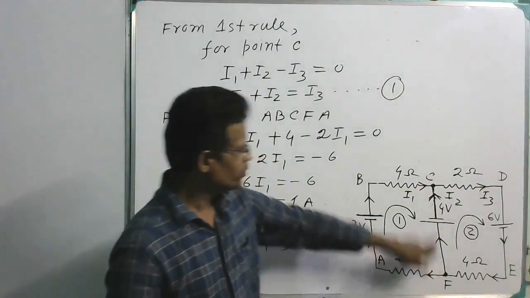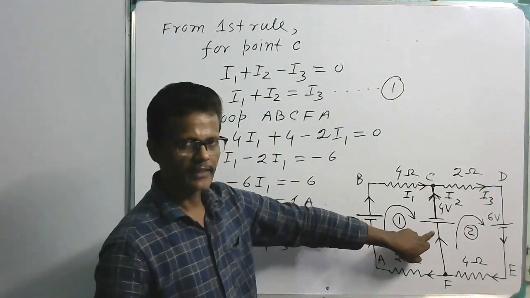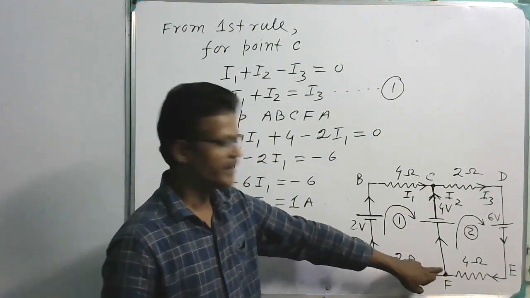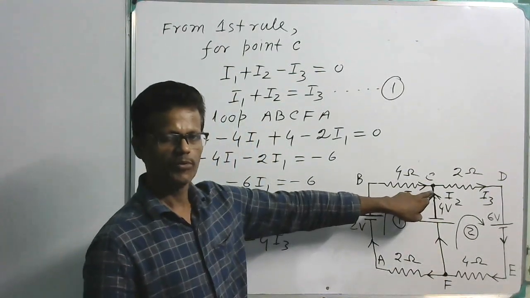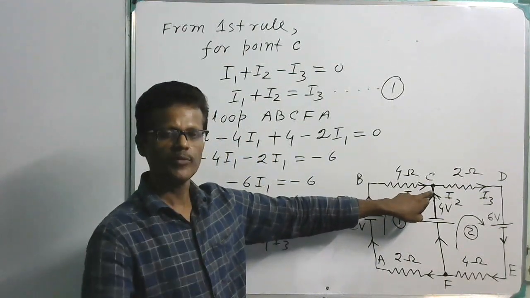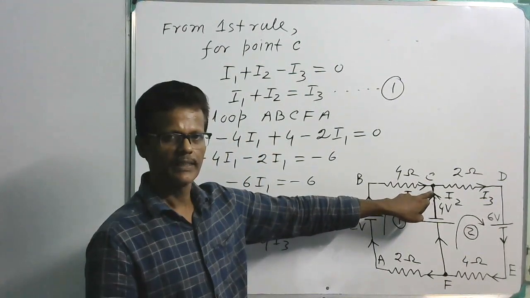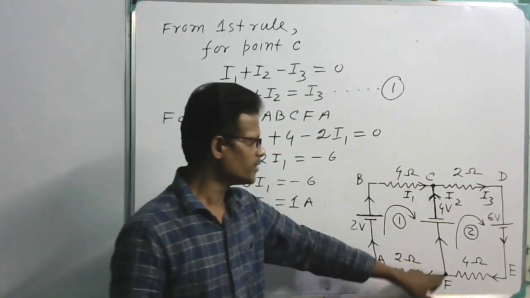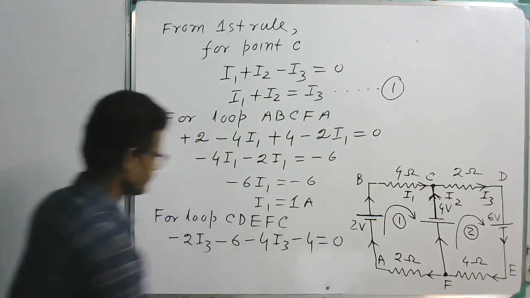Again from F to C. This F point is at higher potential, so higher to lower movement, there is minus. Lower to higher potential movement, that is plus. Higher to lower, minus. So that is -4 equal to 0.